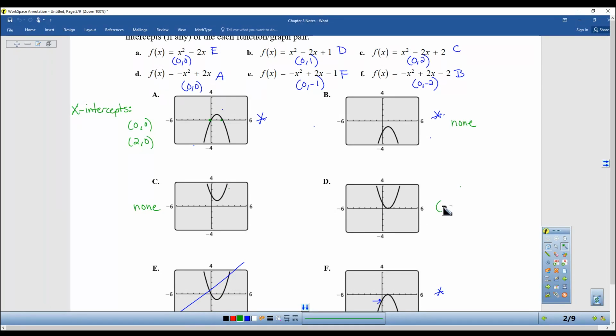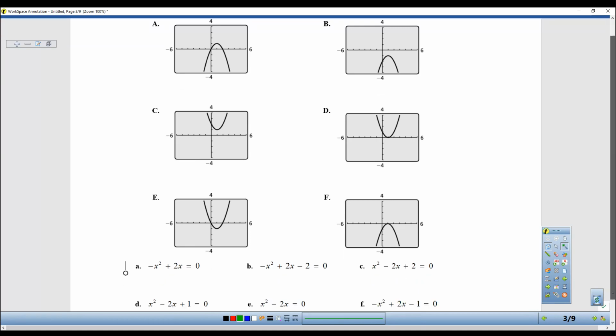It looks like it crosses right at 1, 0. Letter E, and I've made some other marks on there. Let me erase them. This one also 1, 0. And this one looks like 0, 0, and 2, 0, which we actually had before, but this one's going up and that one's going down. Those are all the x-intercepts.